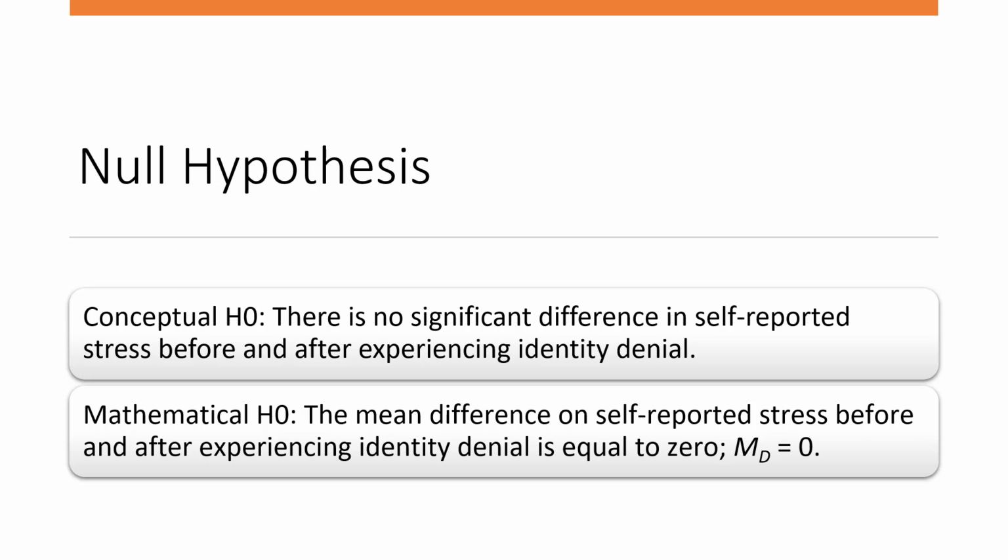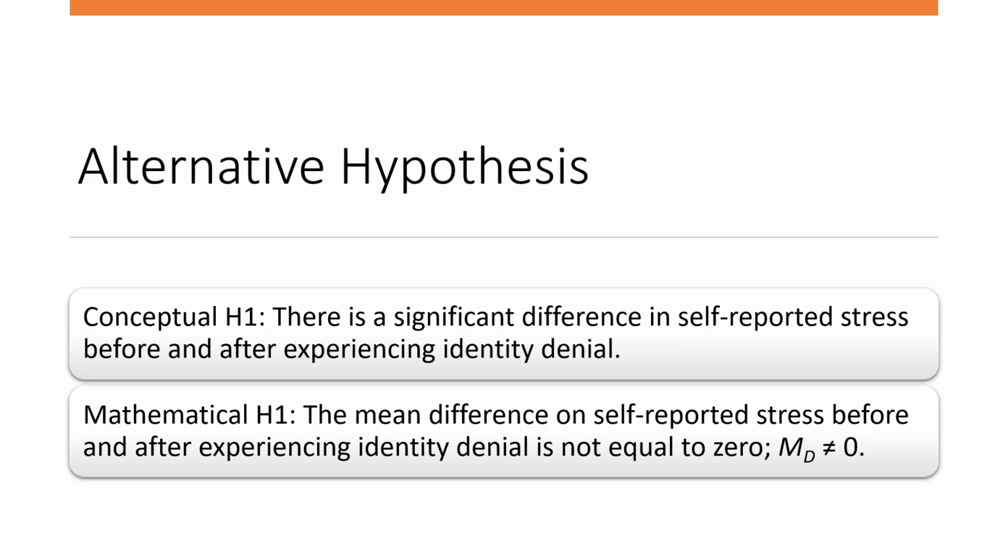There's no difference. Our alternative hypothesis is saying that there is a significant difference in self-reported stress before and after experiencing identity denial. And mathematically, what that means is that we expect the mean difference from time 1 to time 2 to not be equal to 0. So you can see that notation there, MD, not equal to 0.